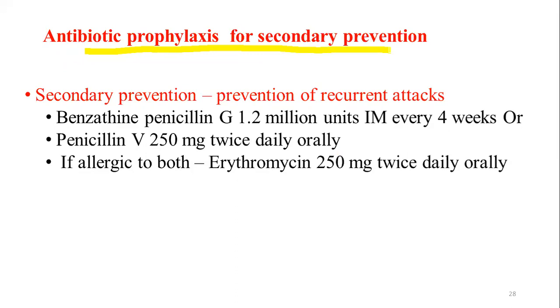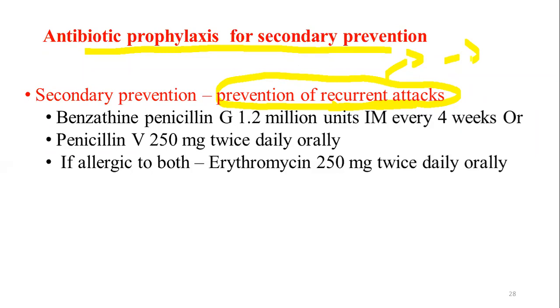If we don't give it, what will happen? The patient can have recurrent infection. This recurrent infection can significantly damage the heart valves, and ultimately the patient will end up having heart failure. That is why secondary prevention is part of the strategy in the management of this condition.